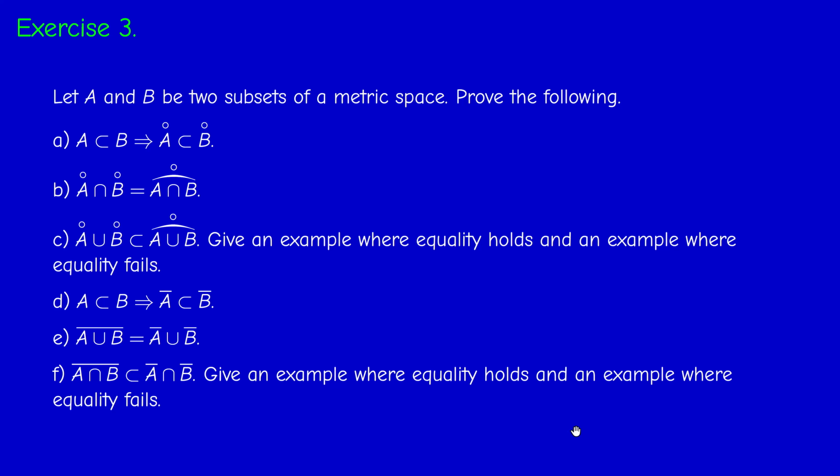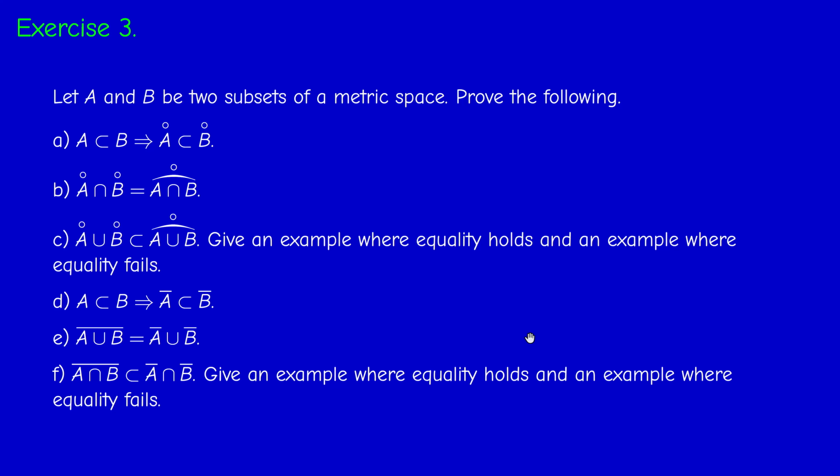It may hold, it may fail. You have to give examples from the list of examples that we learned. And you have something similar for the closure, but with the closure, I take unions instead of intersections. So we have equality when you have union and just one inclusion when you have intersections.